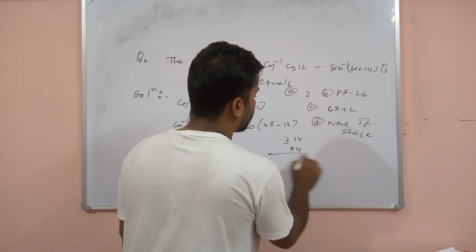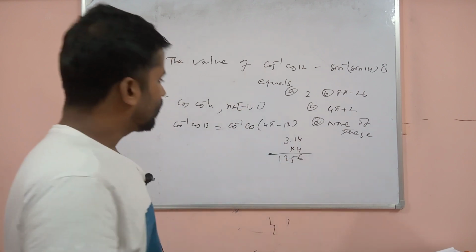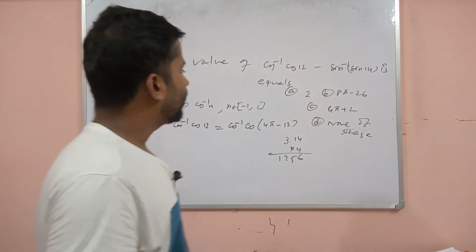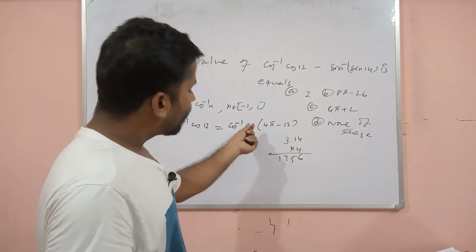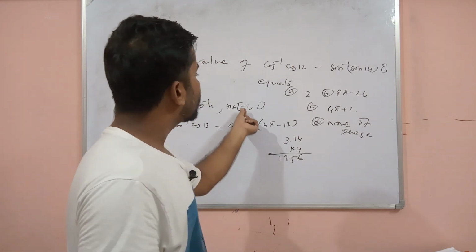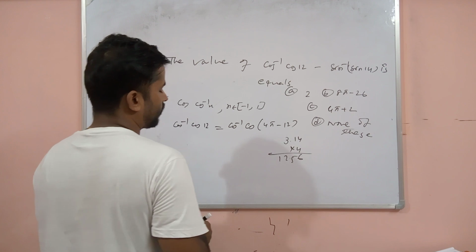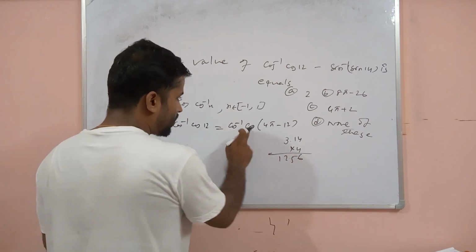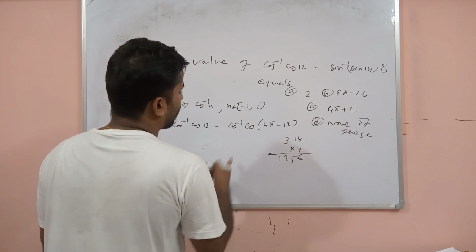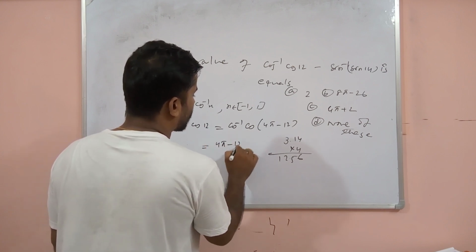Into 4, that is 12.56. So 12.56 minus 12 is equal to 0.56, as 0.56 lies between -1 and +1. Then cos inverse and cos can be cancelled. So its simplest value is 4 pi minus 12.